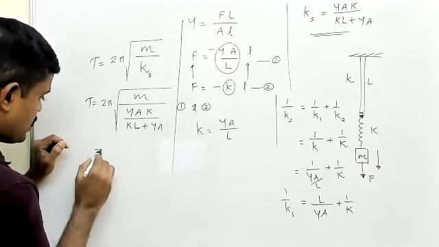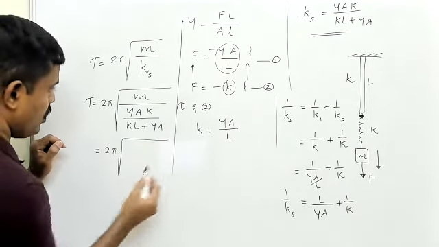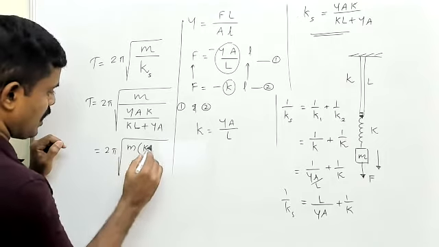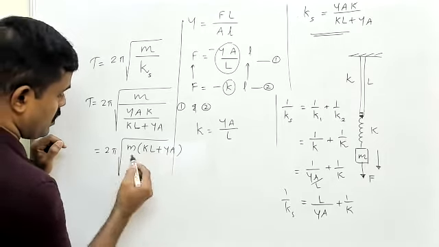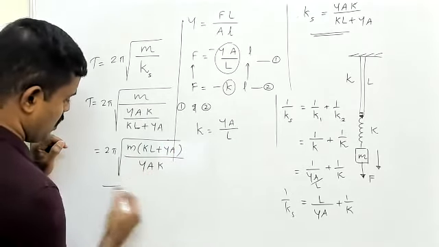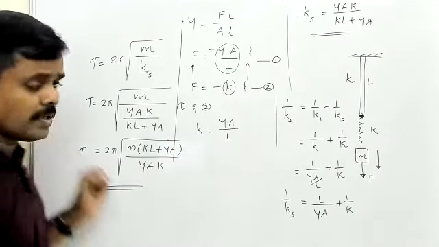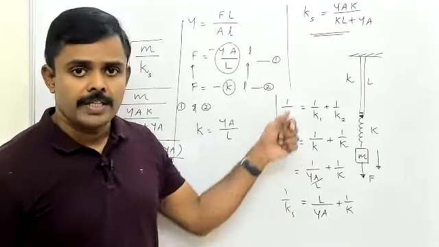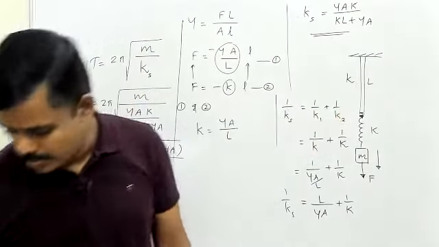One more time, taking the reciprocal, that will give you 2 pi into root of m into KL plus YA divided by YAK. This is the time period of oscillations of the system of spring and string in series combination.